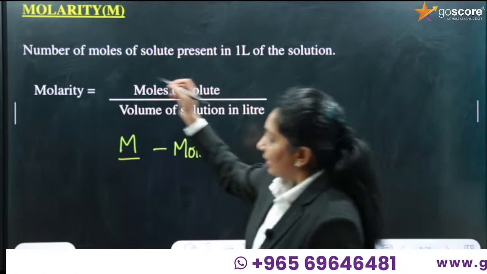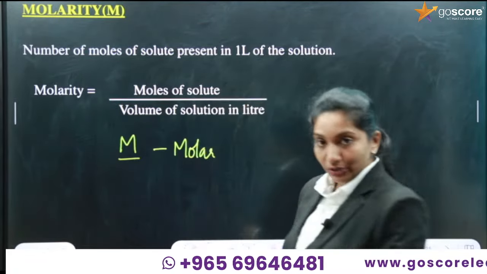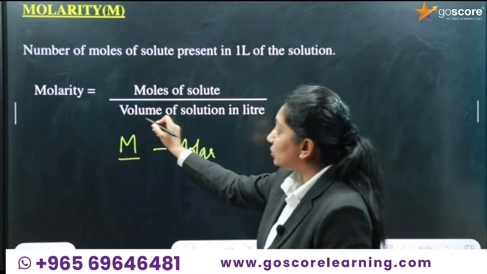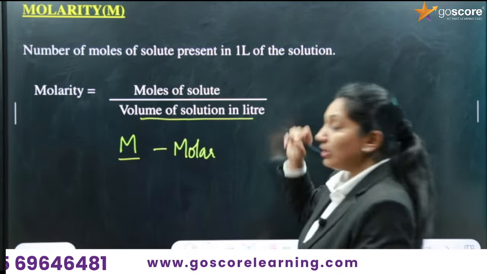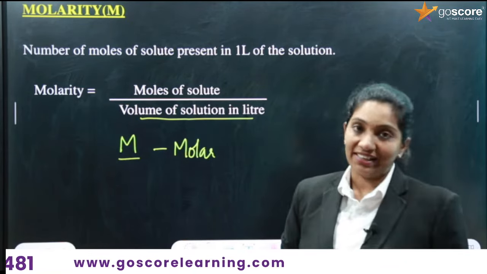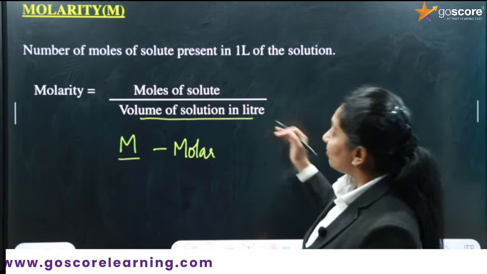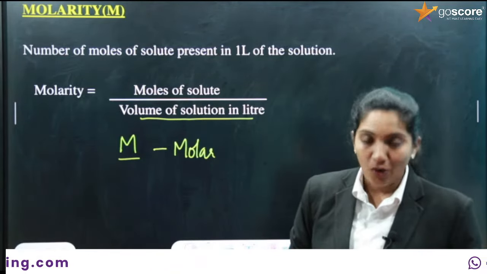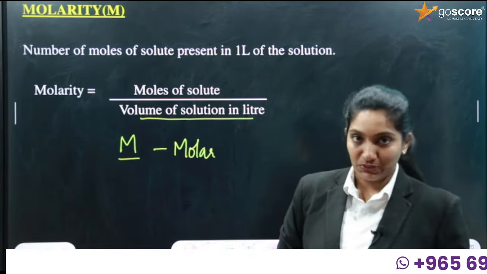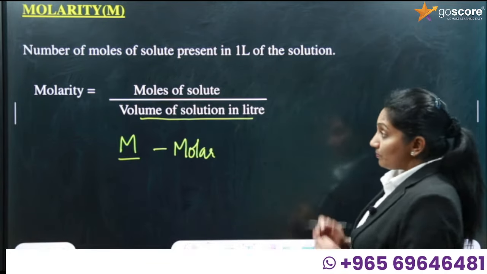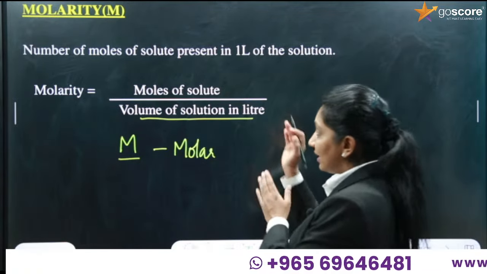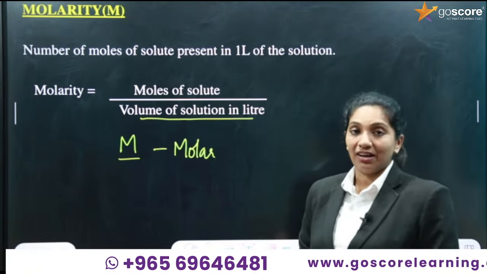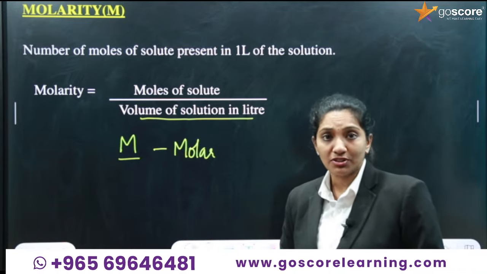See, this is the equation for finding the molarity, where moles of solute is divided by total volume of solution expressed in liter. So we can say molarity is the number of moles of solute present in 1 liter of the solution. Okay, so molarity is the number of moles of solute divided by volume of solution in liter. How will we find the number of moles of solute?